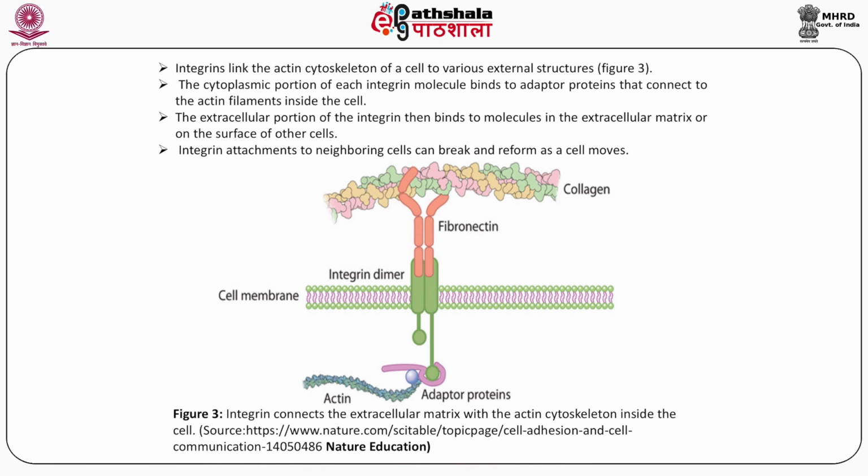The extracellular portion of the integrin then binds to molecules in the extracellular matrix or on the surface of other proteins. Integrin attachment to neighboring cells can break and reform as a cell moves. And this figure shows the integrins connecting the extracellular matrix with the actin cytoskeleton inside the cell.